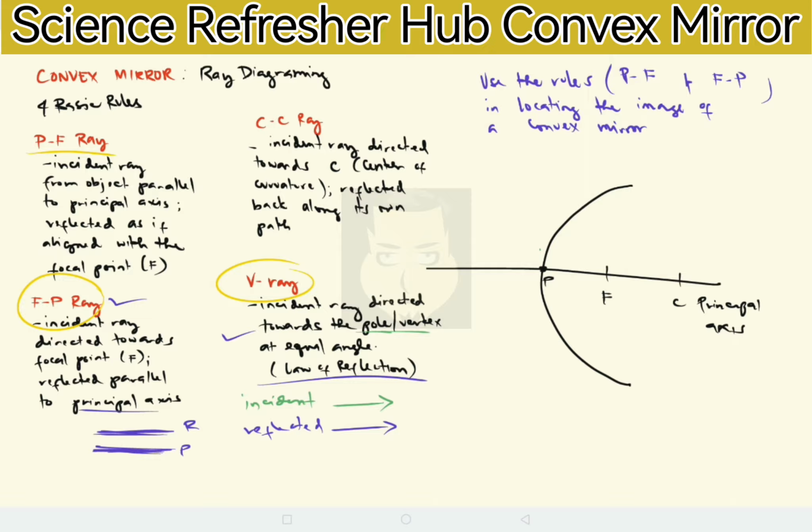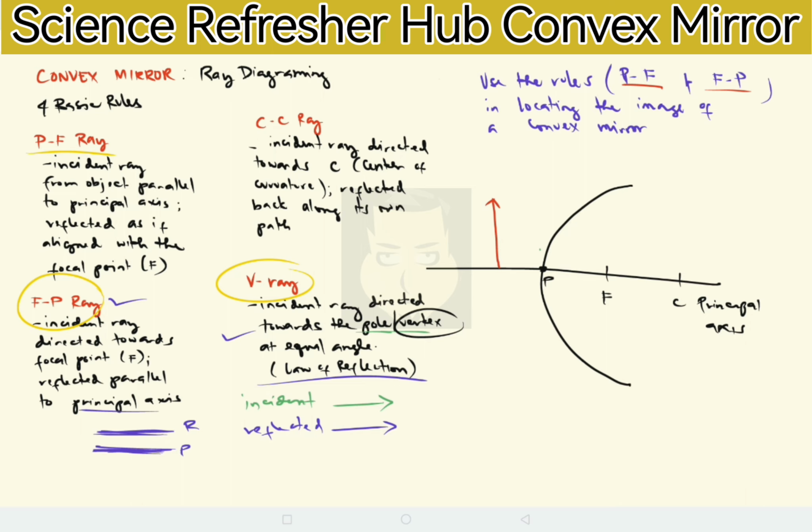That's P, or in other references it's called the vertex. Now what if we place our object near the convex mirror? So using the PF and FP rules, we will make the ray diagram of our convex mirror this time.